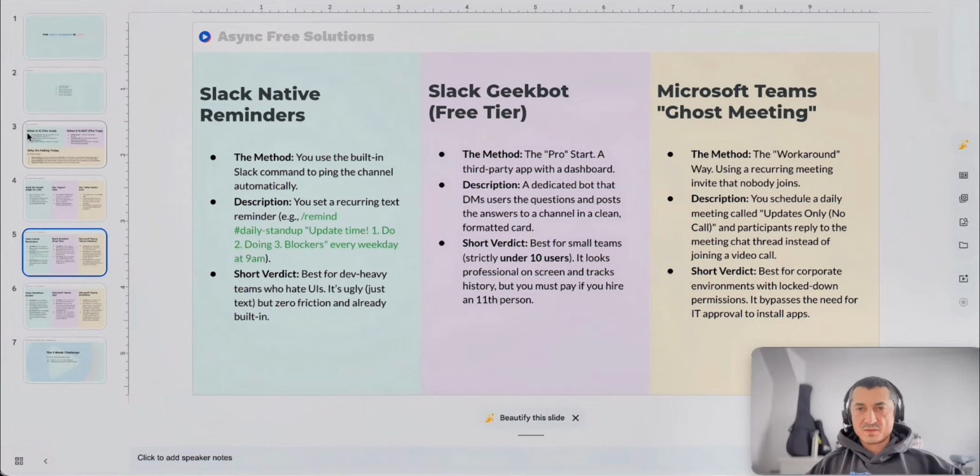So Microsoft Teams. This is one of the easiest ways as well to set this up. You just set up a placeholder at whatever time suits the team, and you instruct the team to just send out the updates only. So there's no call involved there.